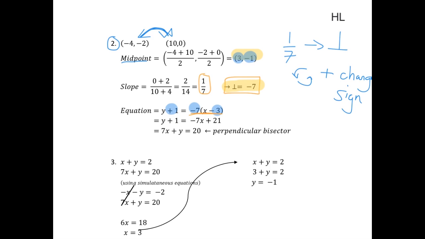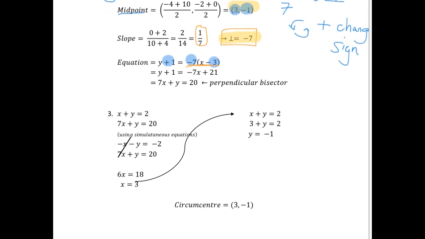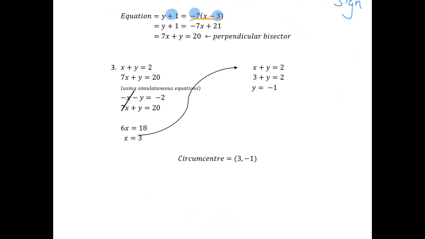Now our third and final step is to take the two equations that we found, our first equation, x plus y equals 2, and our second equation, 7x plus y equals 20, and use simultaneous equations to solve for x and y.